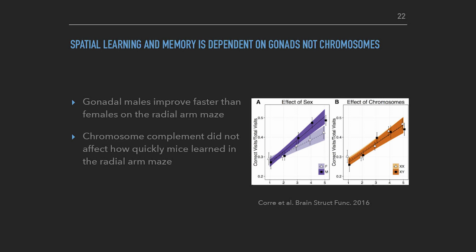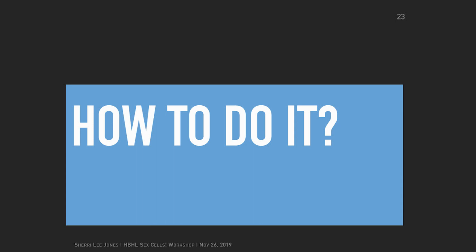And there was no effect of chromosome. So this is an example, too, of how the 4-core genotypes can actually reveal some sex differences that we may not have otherwise found. So does anybody want to go now and do the 4-core genotypes model?